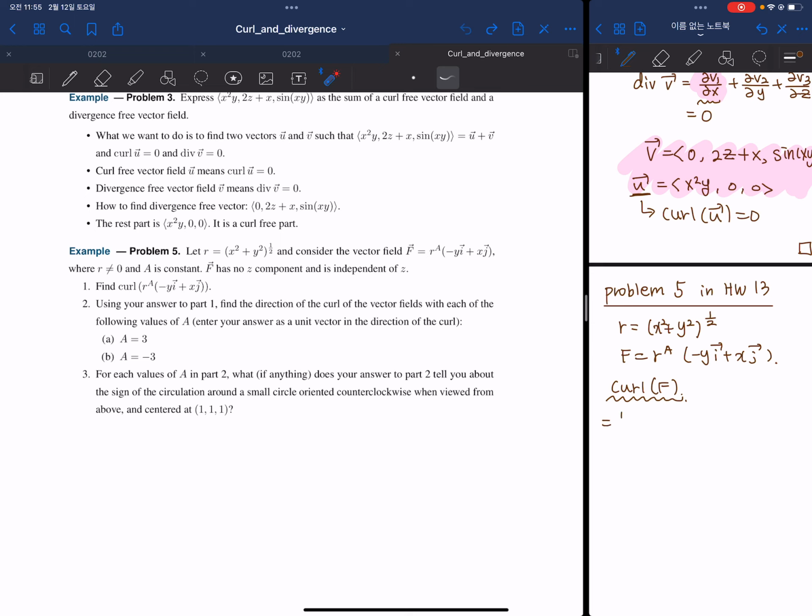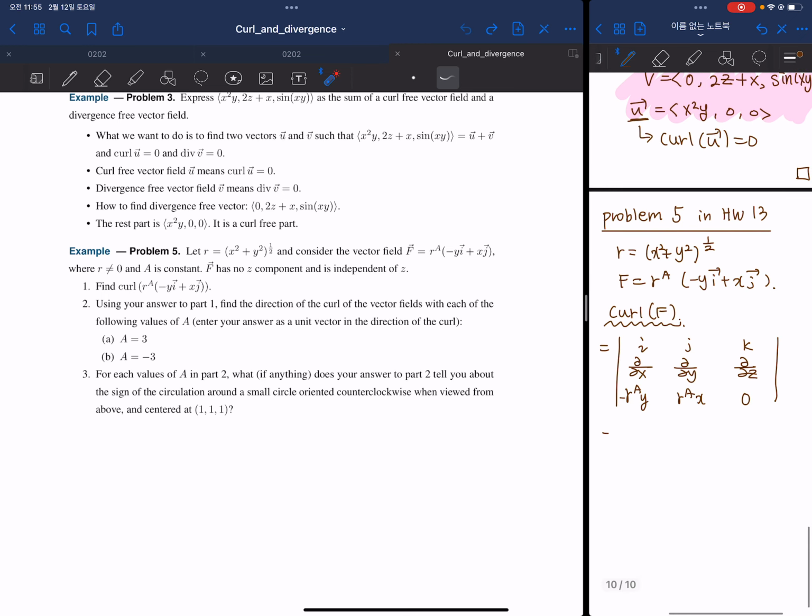By definition, with i, j, k, d/dx, d/dy, d/dz, you will get r to the a times minus y, r to the a times x, and then 0, right? Let's calculate it.